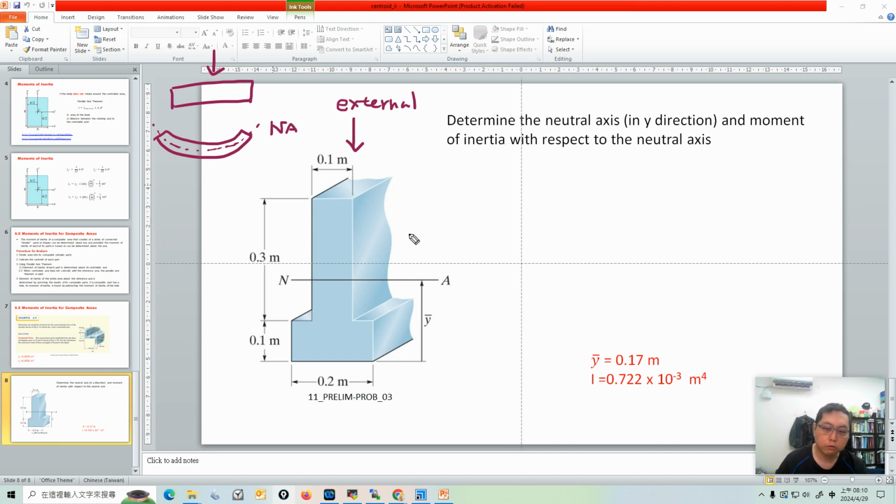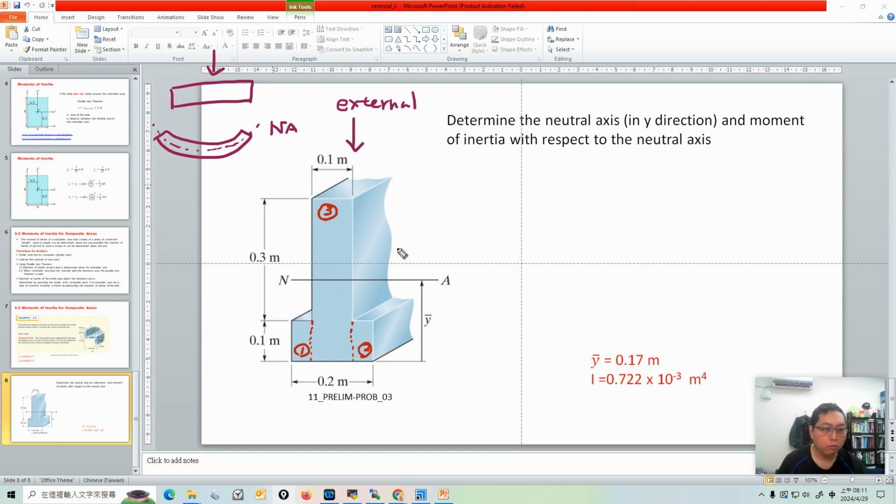The first step is the same: dividing your composite area into simple areas. For this cross section area, I can divide the shape like this, and call these parts 1, 2, and 3.